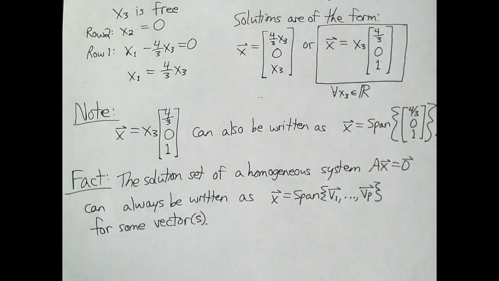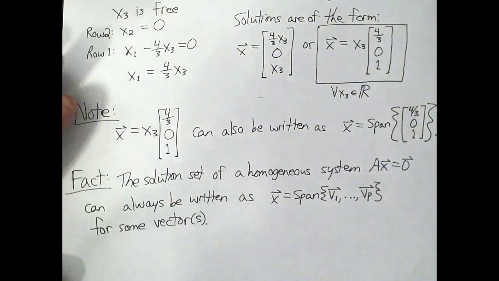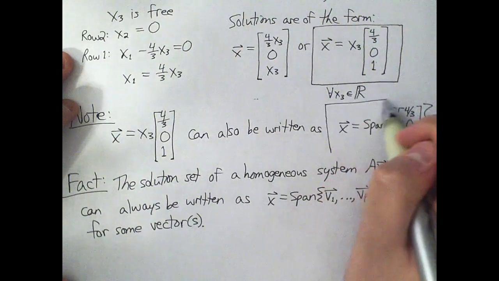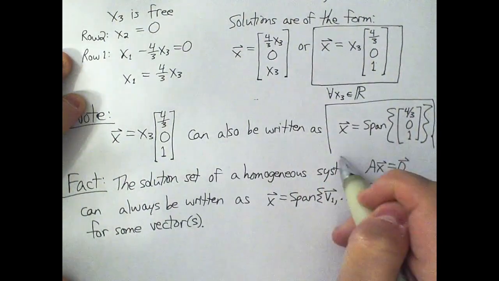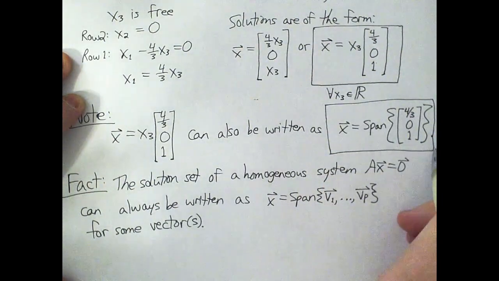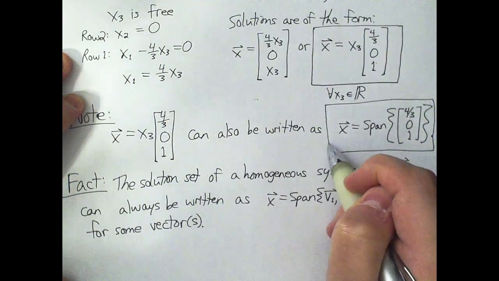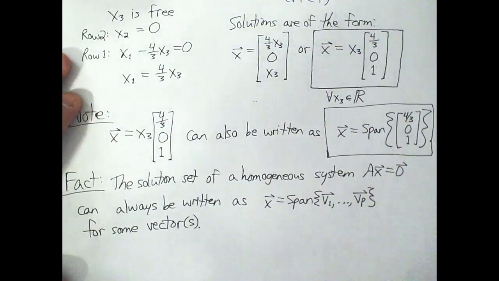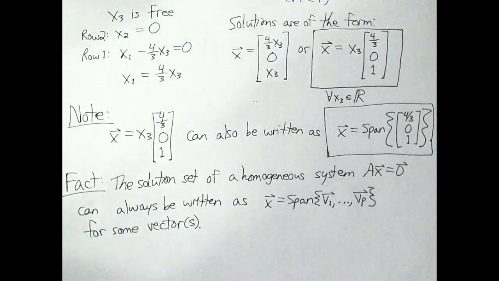I used the word always, and in math, when we use the word always, that's kind of a strong statement. It's kind of nice to write the solution set in this way. Here, I'll put a box around this too. It's nice because we're trying to describe a family of solutions, and this shows us the structure of those solutions.